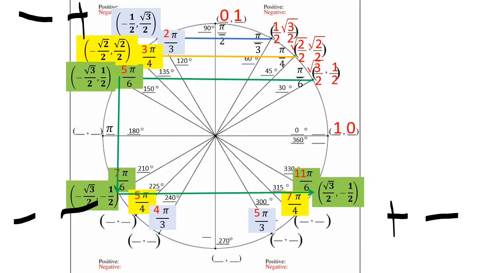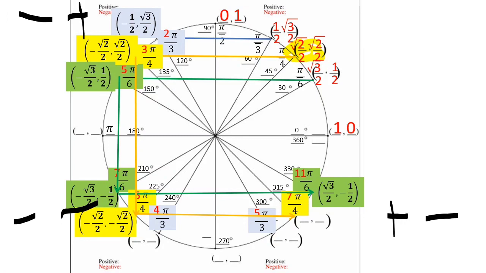So let's try this again with the pi over 4 family. So you see how at pi over 4 we have coordinates root 2 over 2 and root 2 over 2 right here. When we go across, we have the same coordinates, but one is negative. Now we're going to go down, and now we're going to have the same values, but both will be negative. So we have negative root 2 over 2 and negative root 2 over 2.